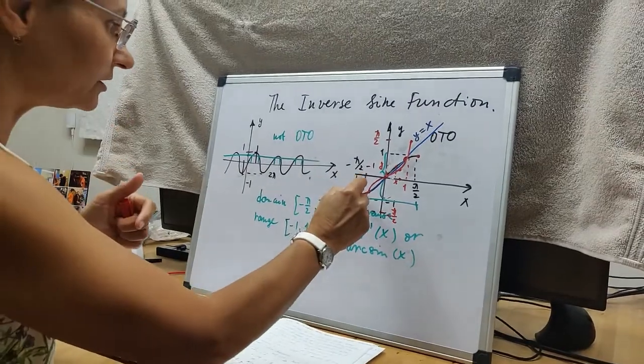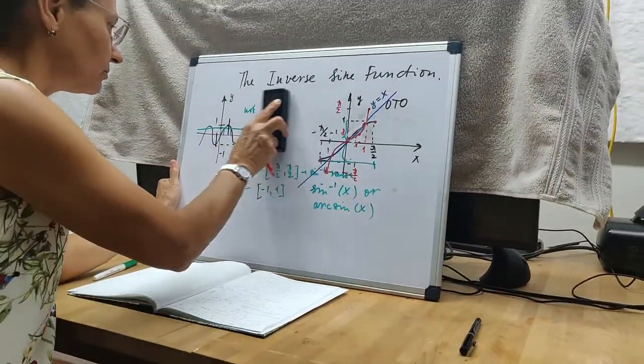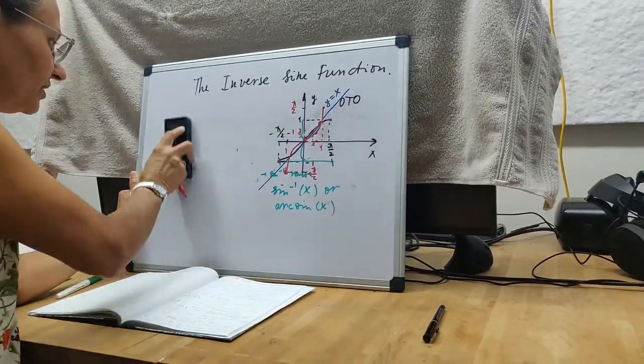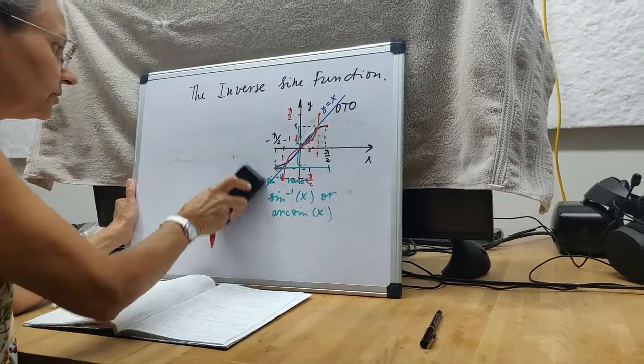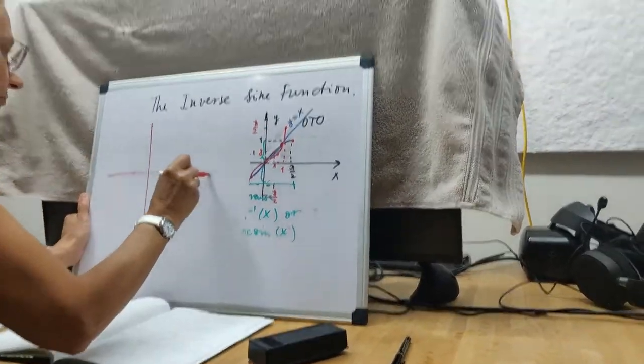I'm going to graph it now separately so everyone can see how the inverse sine actually looks. And I'll write down the range and domain for inverse sine one more time, so you will need to remember it. So, sine inverse.